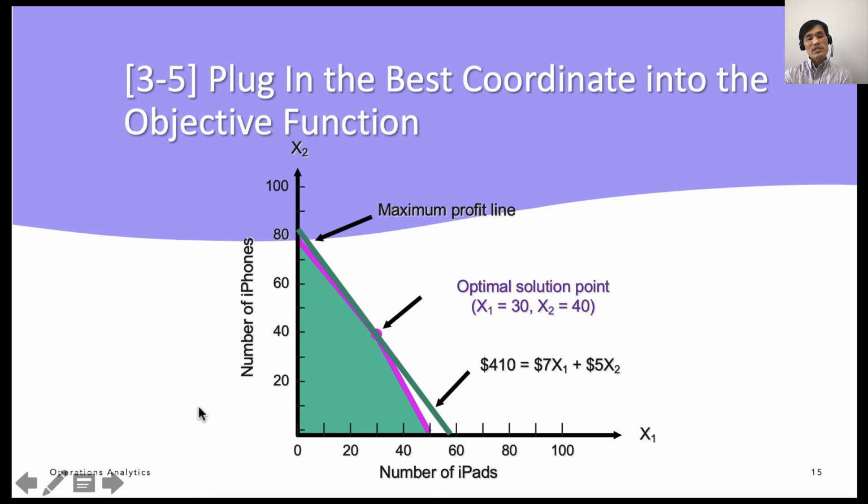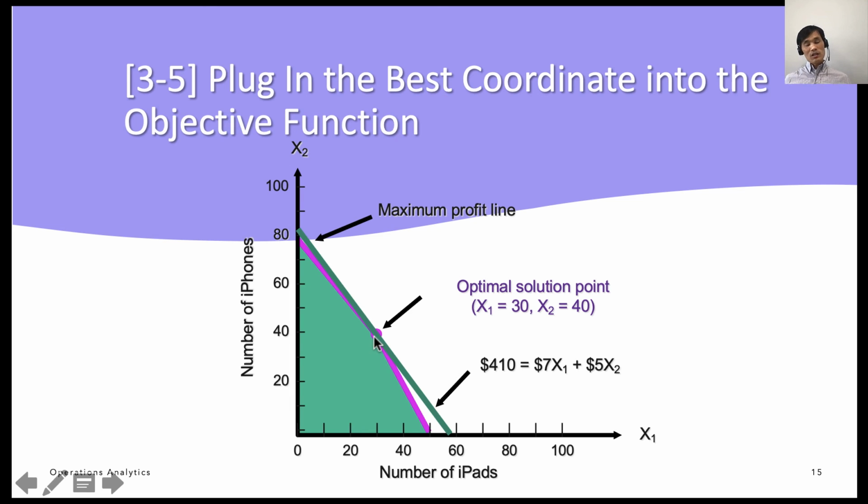But one hint is that the maximum point or minimum point is always in a corner, right? So either here or here, there are four corners in this feasible region, and by just moving your iso-profit line back and forth, you will see which corner maximizes your profit. And since you determined that this is the point where it is maximized, now you have to find how you can calculate this coordinate.